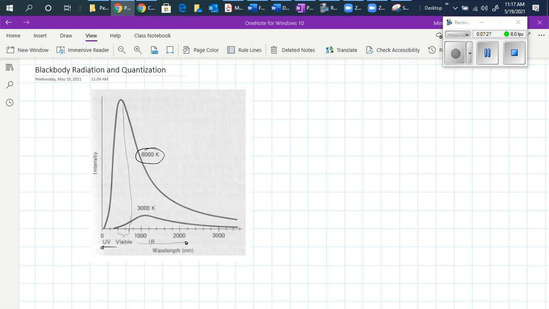So here comes what is known as Planck's theory of matter. Planck, in early 1904, I think it was, proposed an empirical formula that nicely fits the data.